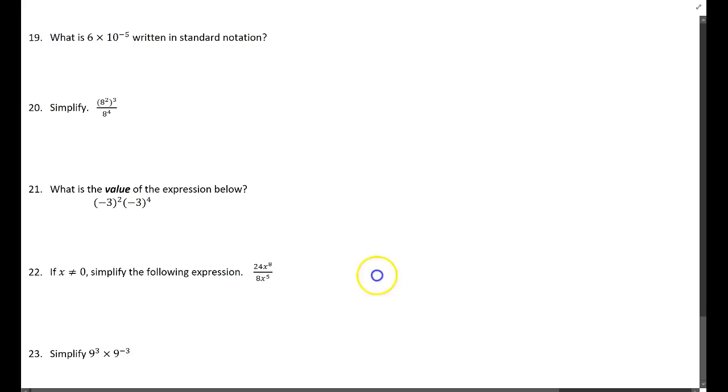Now, one other thing that I want to address that is not on here that I've seen a bunch of people ask me about. Mr. Z, Z to the 0 power is equal to 1, right? And I say yes, and then they say, okay, then Z to the 0 power is equal to Z to the first power. This is wrong. Here's why.